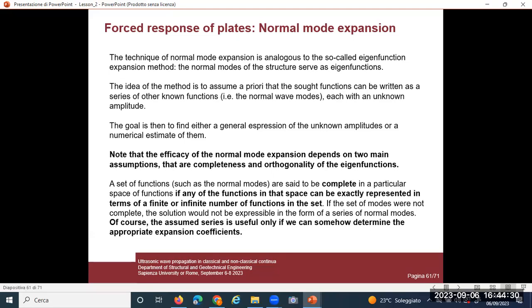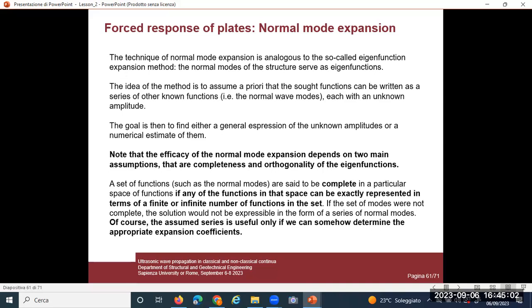What is the difference? Vibrations are solutions that concern structures that have boundaries and where you can express the solution in terms of eigenfunctions superposition, which is in terms of vibration modes.